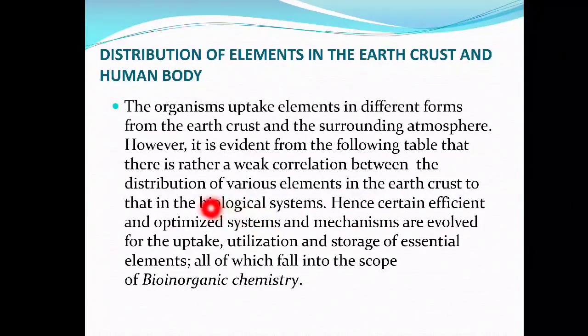That means the elements present in the earth crust are not proportional in the biological system. Hence, certain efficient and optimized systems and mechanisms have evolved for the uptake, utilization, and storage of essential elements, all of which fall into the scope of bioinorganic chemistry.